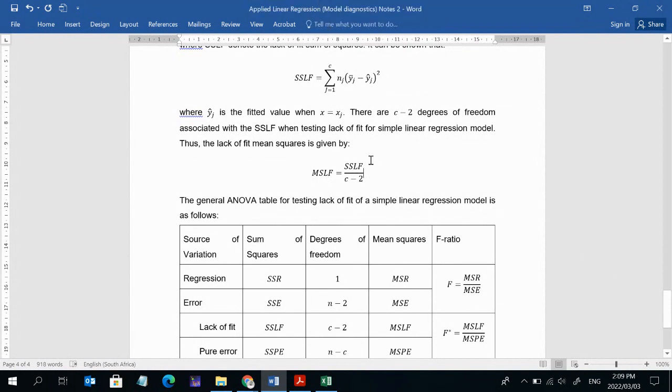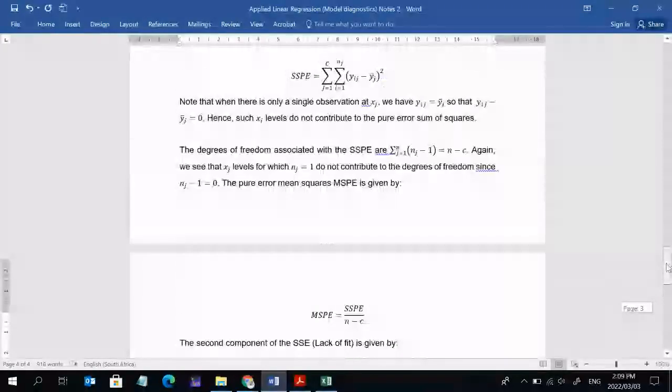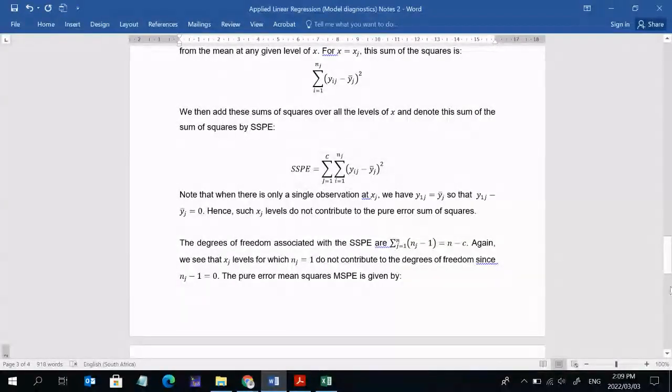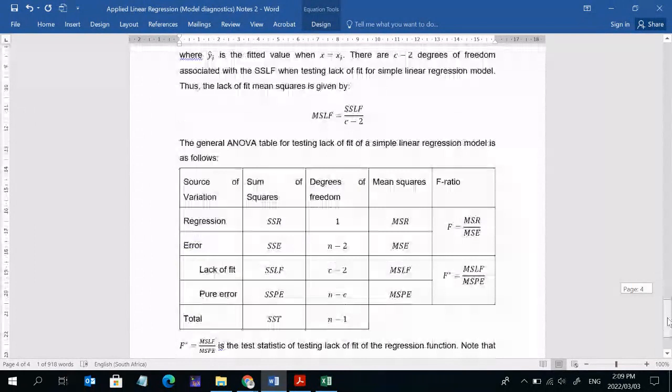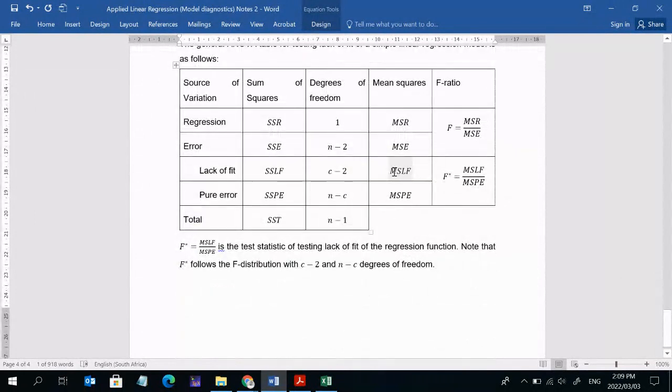Now when we divide the MSLF by MSPE, we get the F value, and we're going to use that F value to test for lack of fit. So the F value for testing lack of fit is MSLF divided by MSPE.